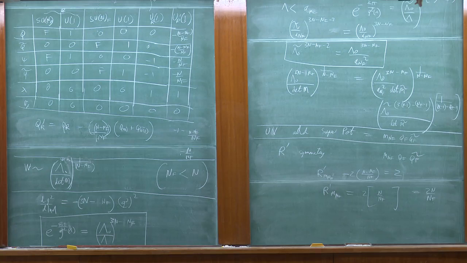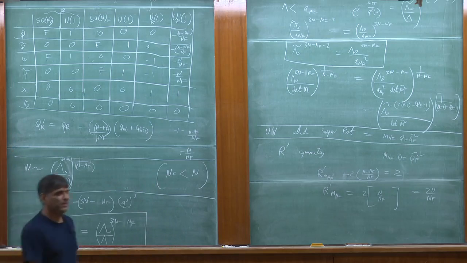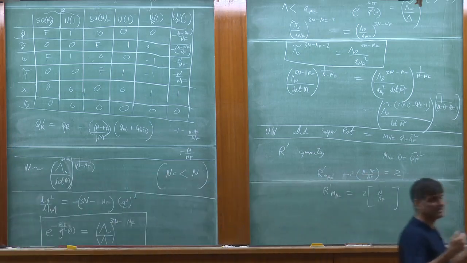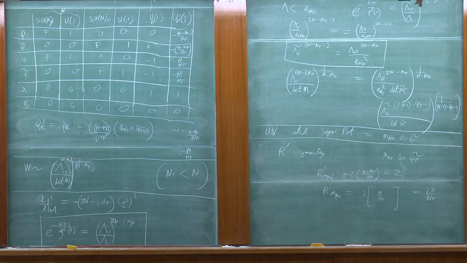Now you see, we have to preserve the SU(NF minus 1) symmetry as well, because that's clearly preserved by this action. I have to preserve the SU(NF minus 1) symmetry as well as the SU(NF minus 1) tilde symmetry. And so, basically, our theory can depend on what?